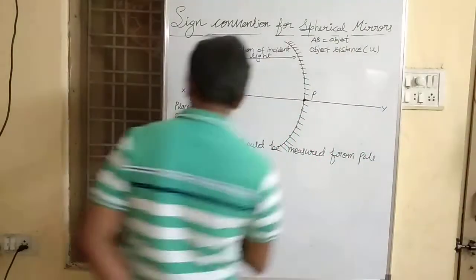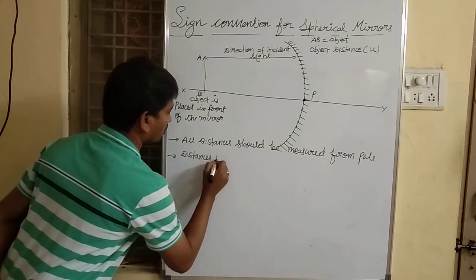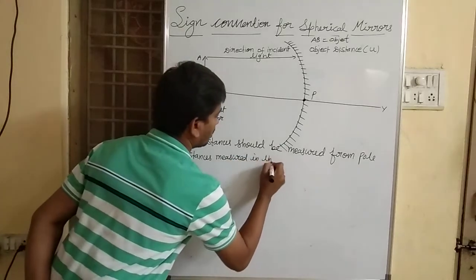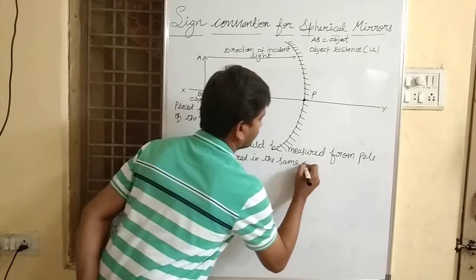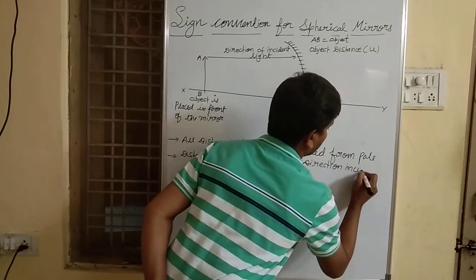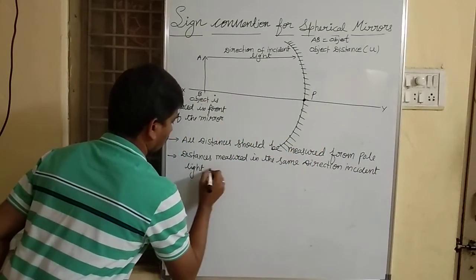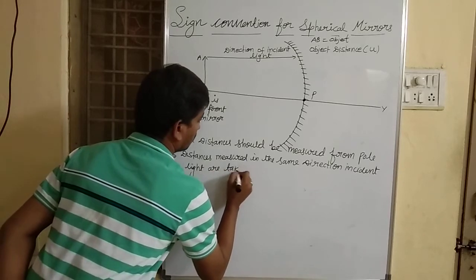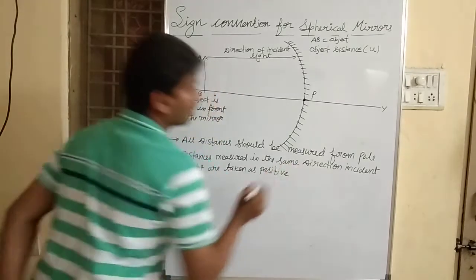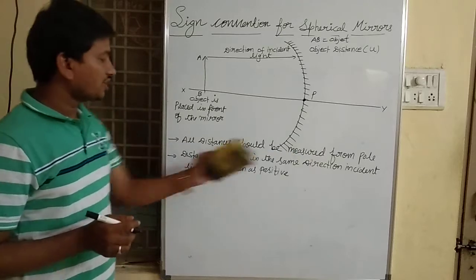Our second point is: distances measured in the same direction of incident light are taken as positive.